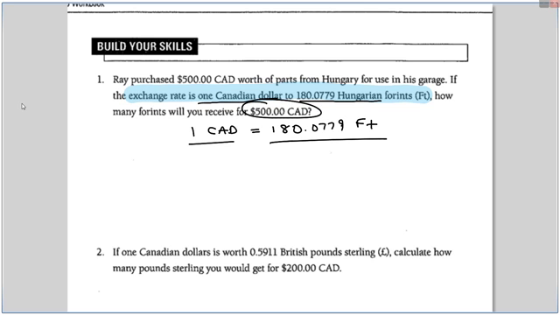They want you to convert 500 Canadian, so line that up over here. This will be X FT. Cross multiply: 180.0779 times 500. You'd be rich in Hungary. This is 90,038.95 FT.